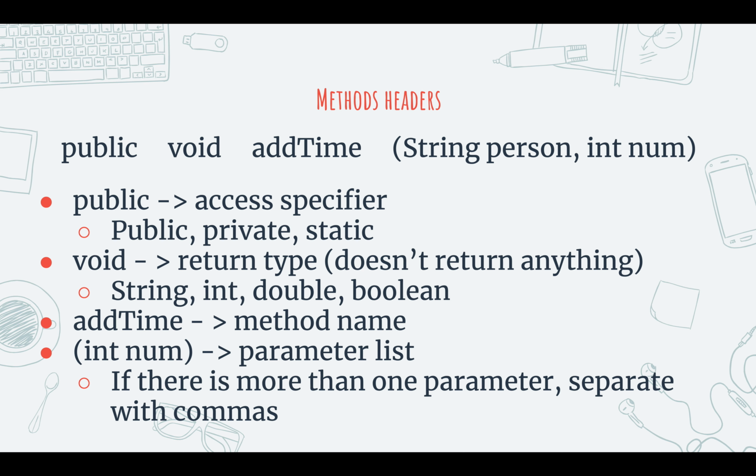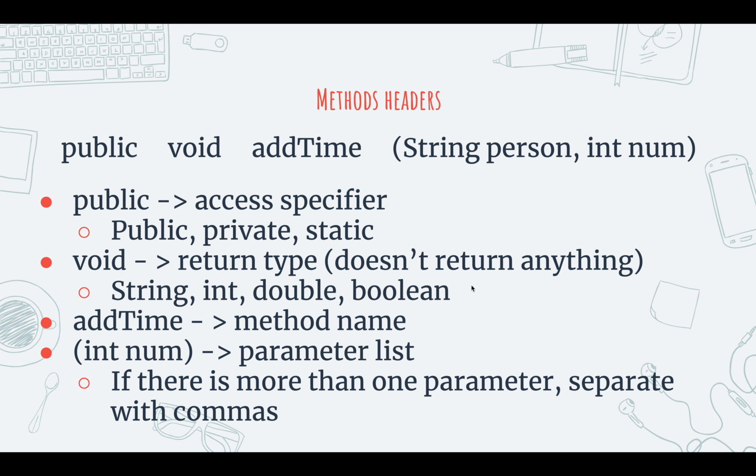But say we do want to return a value. We want to send a value back to the method that was invoking it. That means we can replace void with whatever we want. If we want to send out a word, or maybe a sentence, then we can return a string object.